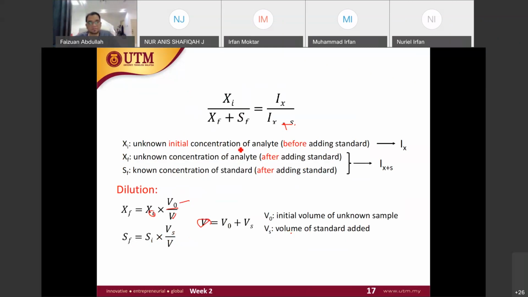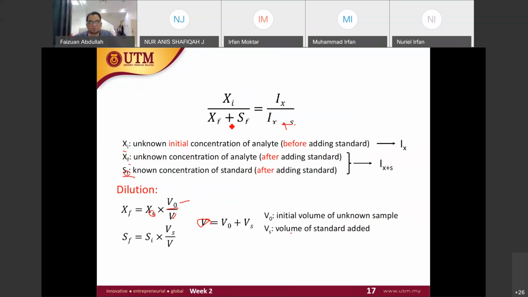XF is the unknown concentration of analyte after adding standard, and SF is the known concentration of standard. Normally in the question they will give SF, or vice versa, they give this information and you find SF.